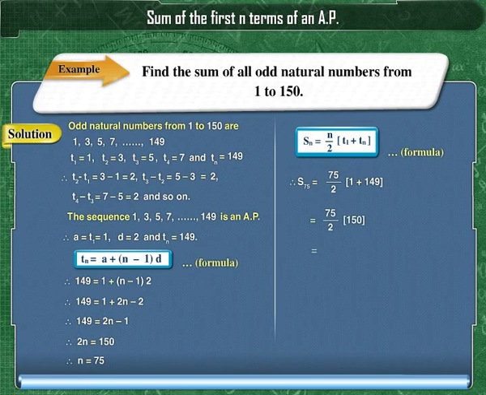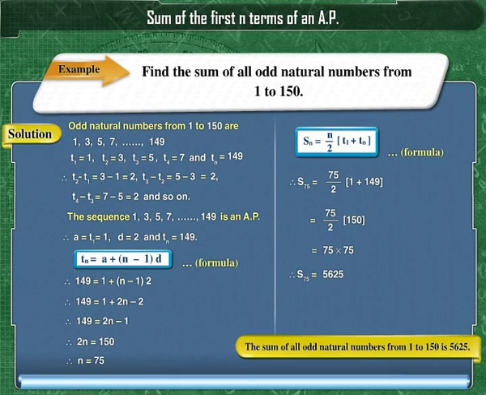On simplifying, we get Sn is equal to 5,625. Therefore, the sum of all odd natural numbers from 1 to 150 is 5,625.